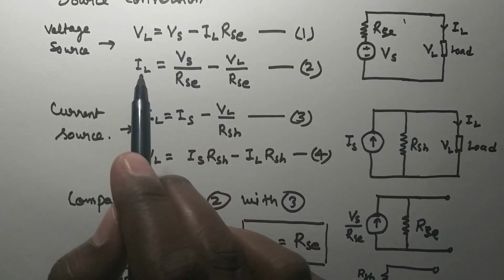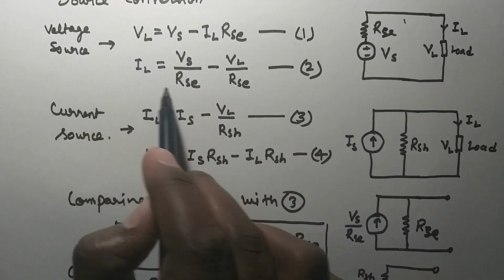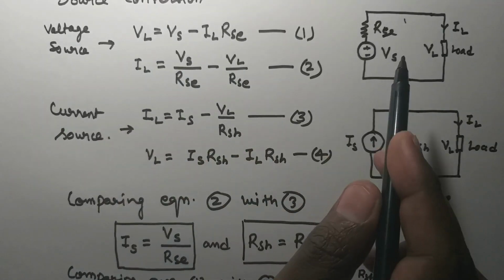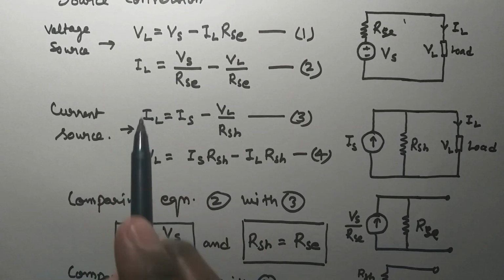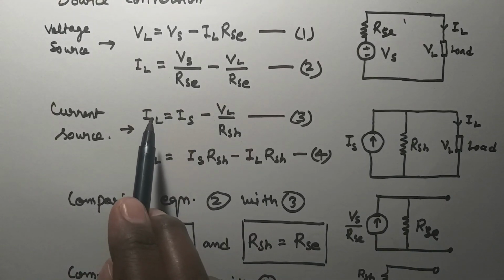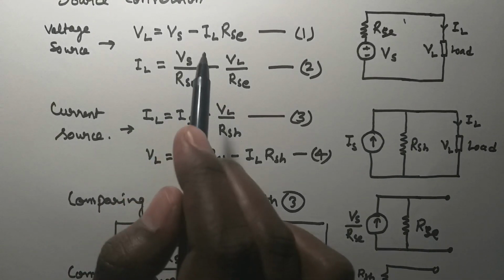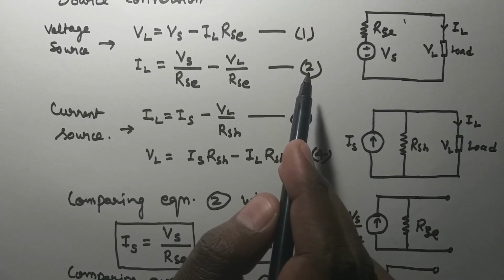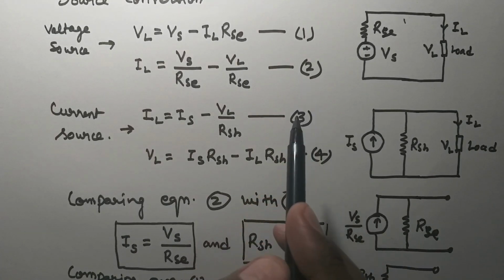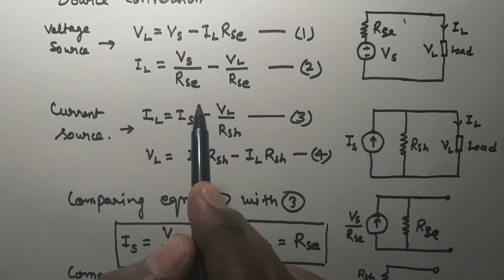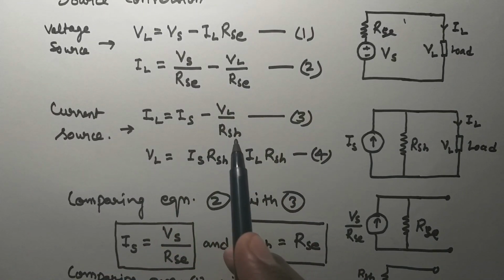For that, we first expressed the characteristic equation of this voltage source in the standard format of the characteristic equation of a current source, and then we compared this 2 with 3 to find out the Is and Rsh values.